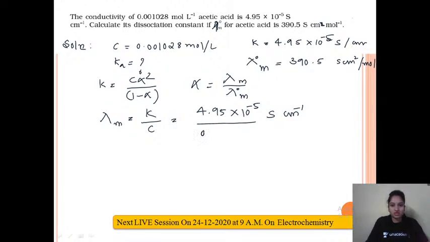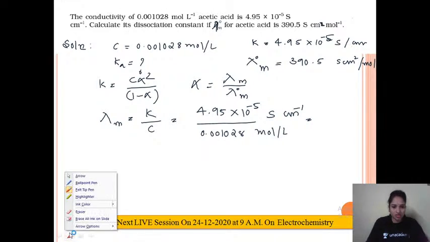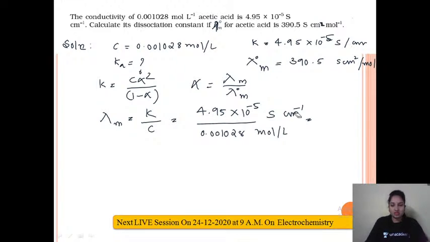Concentration is also given, 0.001028 mole per liter. Centimeter is there, liter is there, so in order to convert this, you have to multiply by 1000.